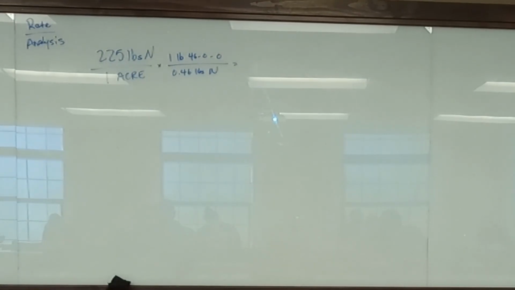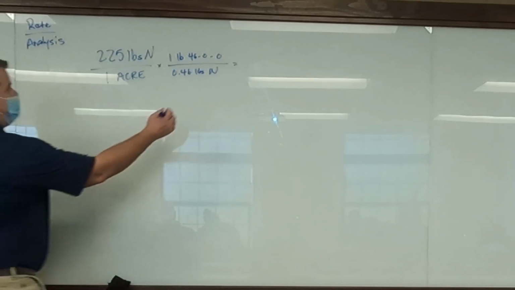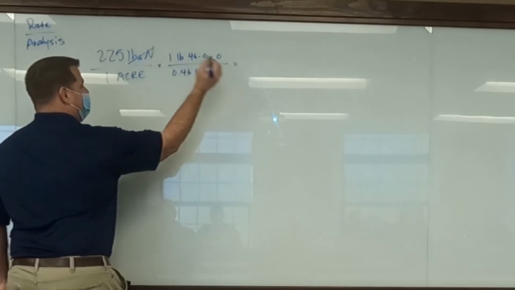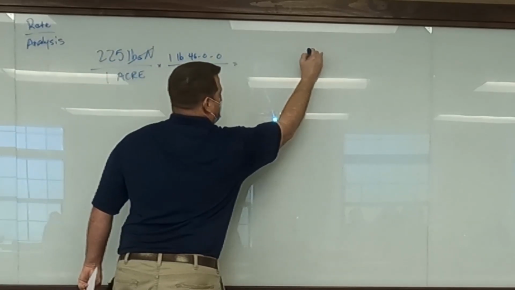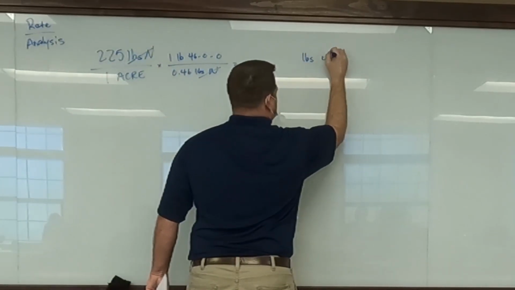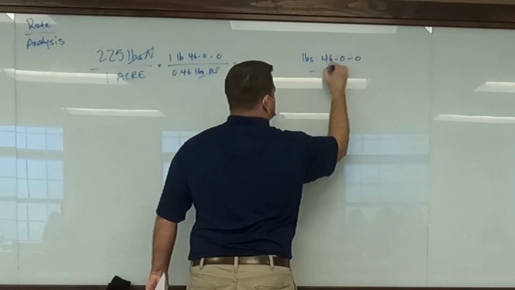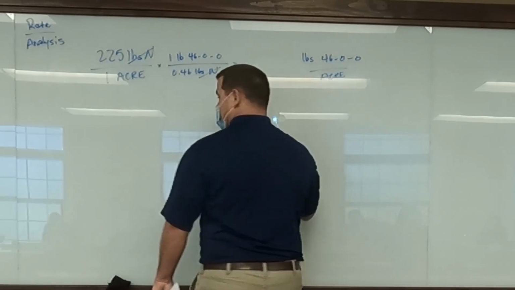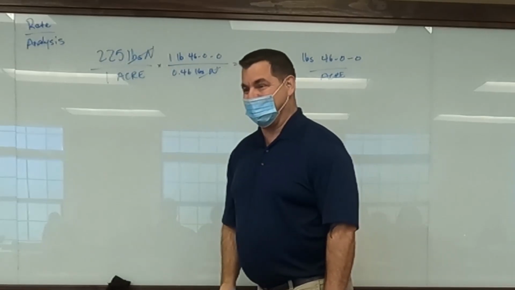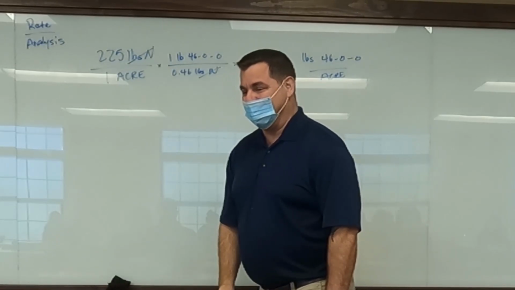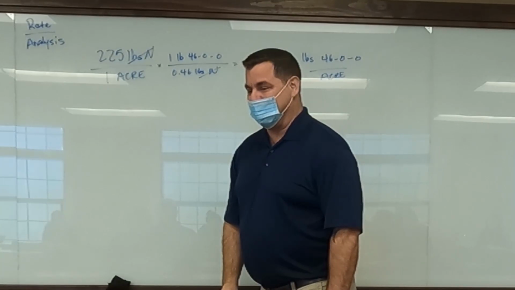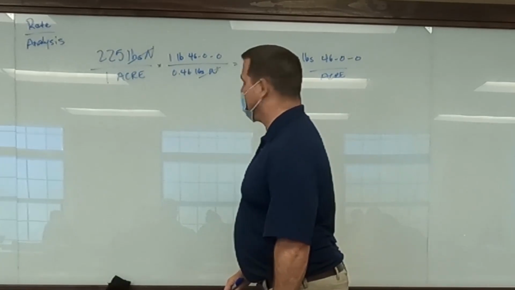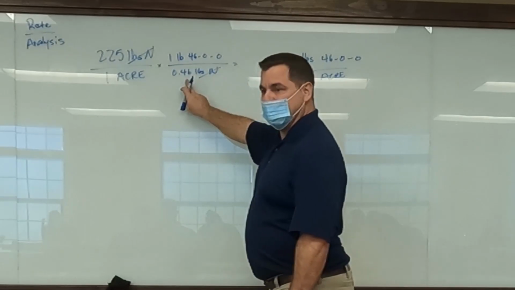We've got some math. Where is my calculator? Okay. Our pounds of N are going to cancel, and we are left with pounds of 46-0-0 per acre. 225, no, we're dividing.